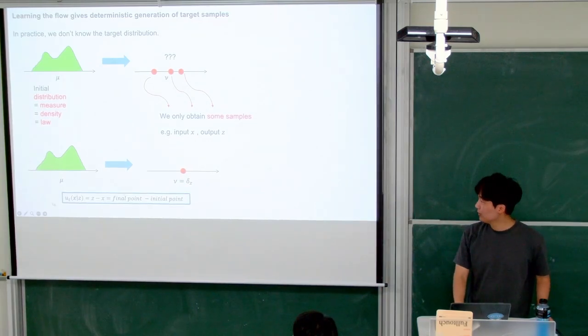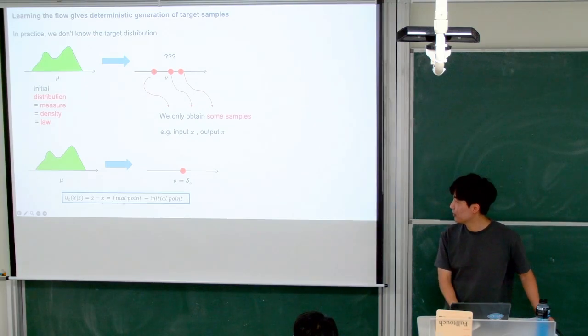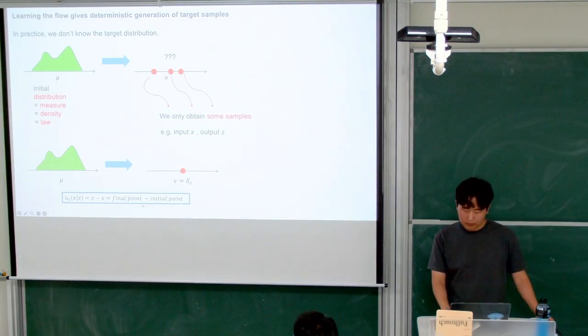Then from the flow that I just described in the previous slide, the vector field from x in mu to g is given by the following difference of final point and initial point.